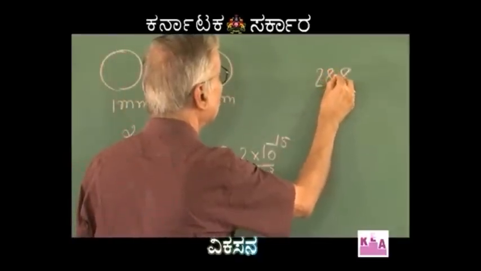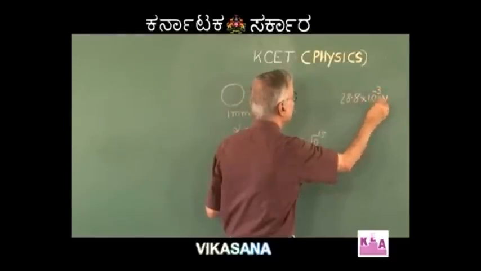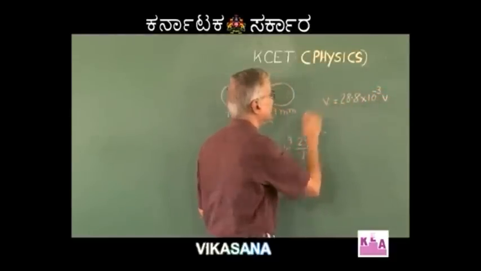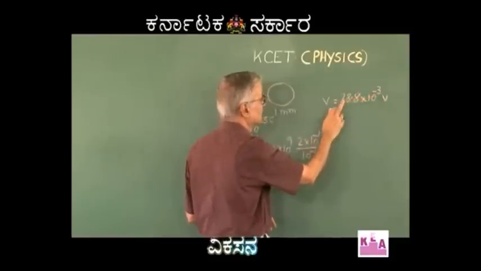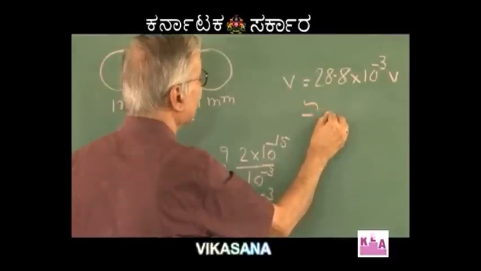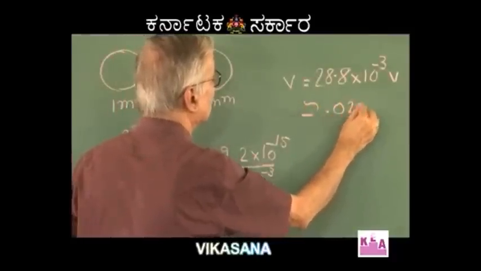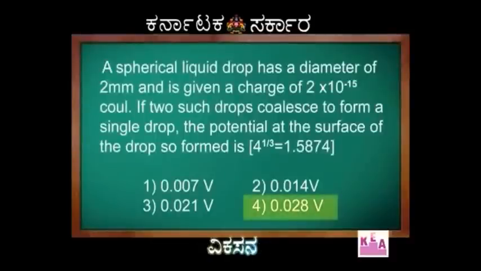Therefore, it will become 28.8 into 10 to the power minus 3 volt. That is V. You can agree that 10 raised to minus 3 means one place, second place, another 0. It can be written as approximately 0.028 volt. Therefore, fourth option is the correct answer.